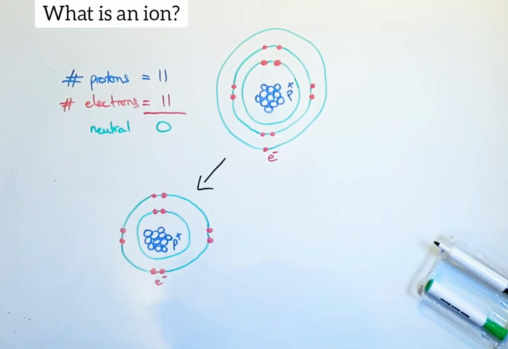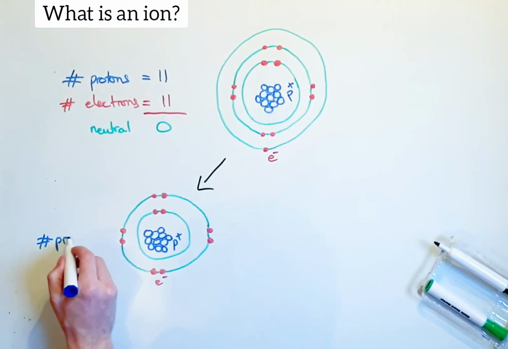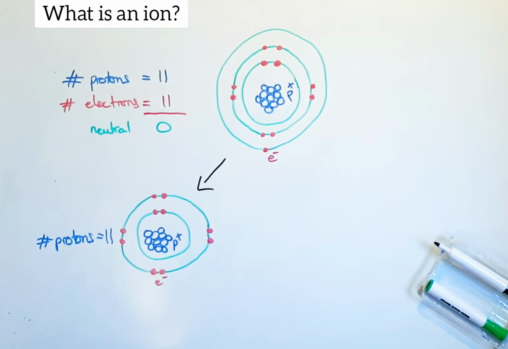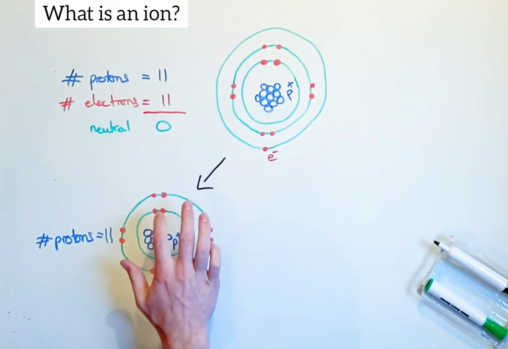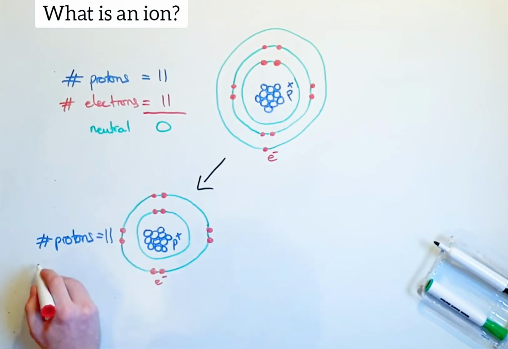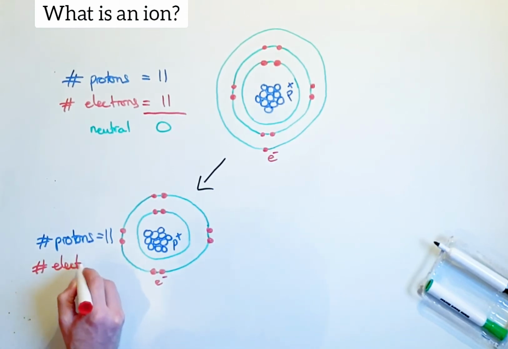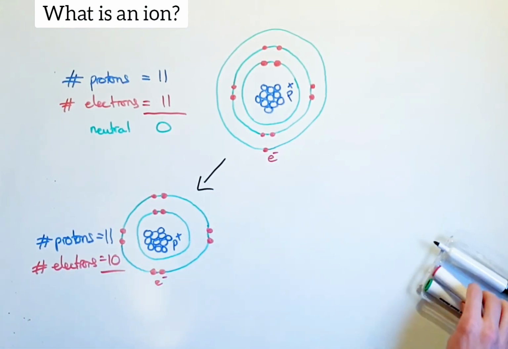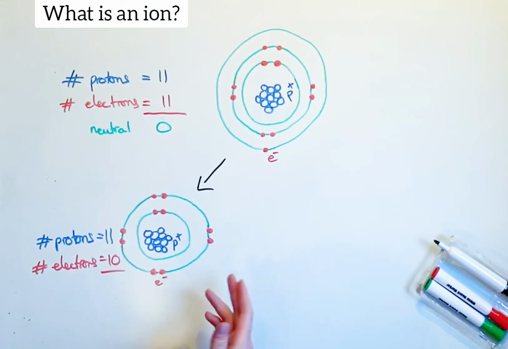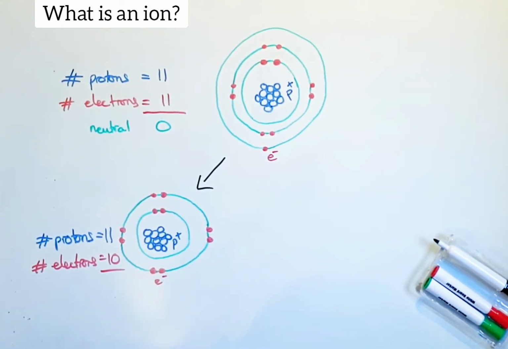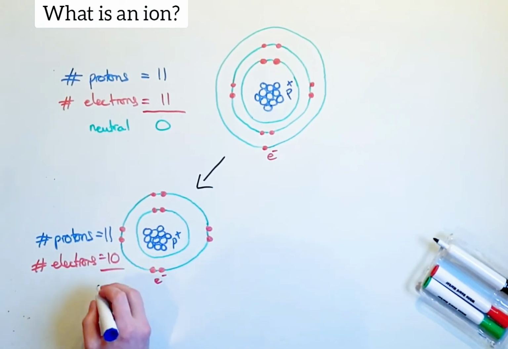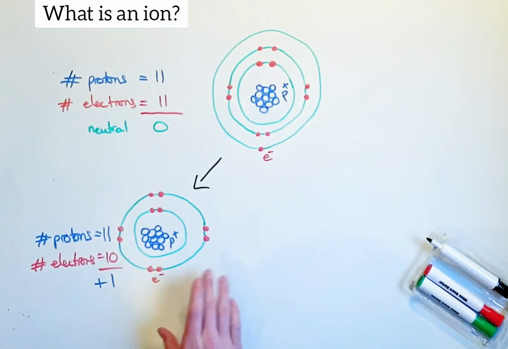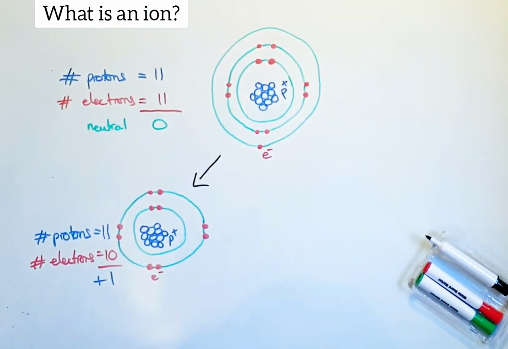So, like before, the number of protons is equal to 11, but now if you look at the surrounding orbitals, we only have 2, 4, 6, 8, 10 electrons. So the number of electrons has now reduced by 1, it equals 10. So now this ion is no longer electrically neutral, because as you can see, our net charge is positive 1. So that's why we say that this ion is a positive ion, because there's more positive charge than negative charge.